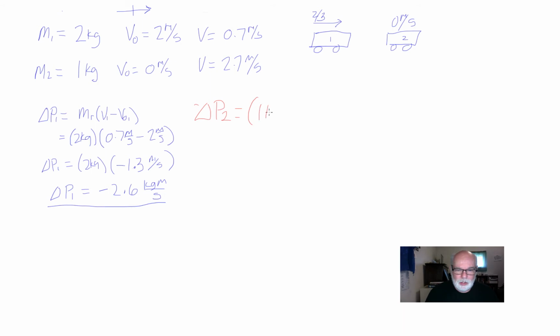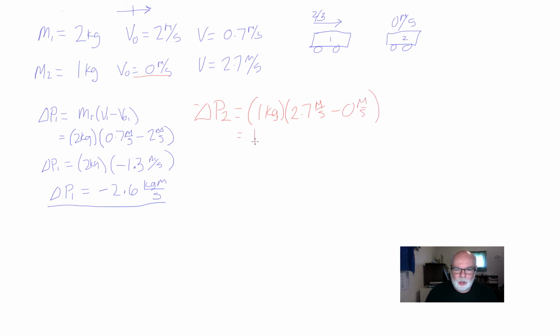We have 1 kilogram, the mass of cart 2, times the final velocity of 2.7 meters per second, minus the initial velocity, which was 0 meters per second.